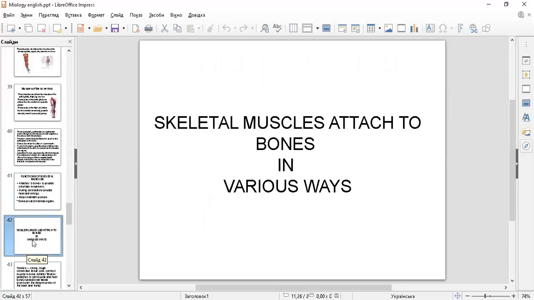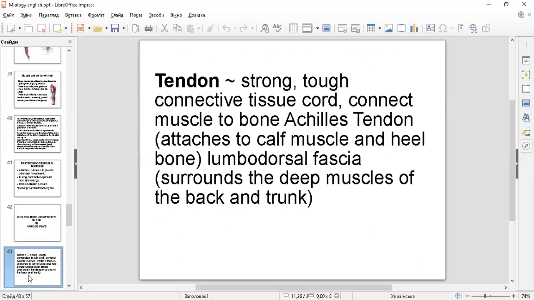Skeletal muscle is attached to bones in various ways. Tendon: strong, tough connective tissue cord. Connects muscles to bone. Achilles tendon is attached to calf muscles and heel bone.